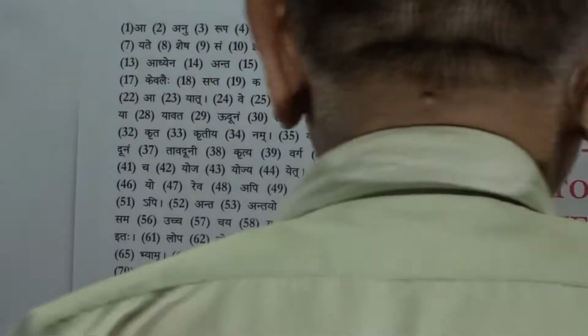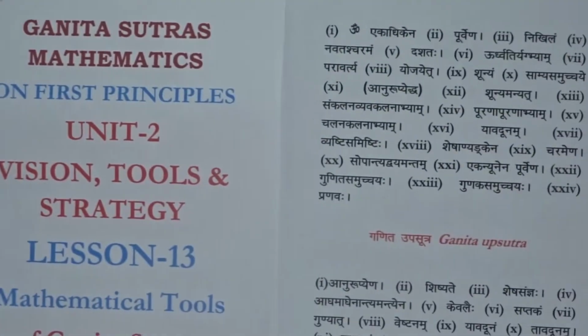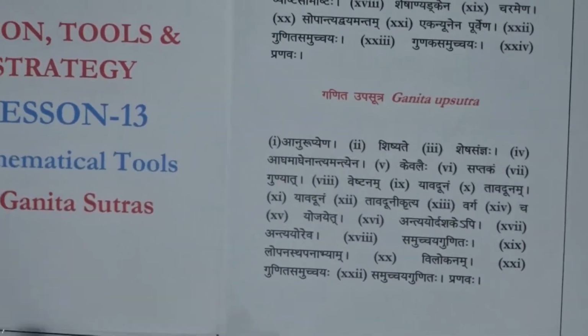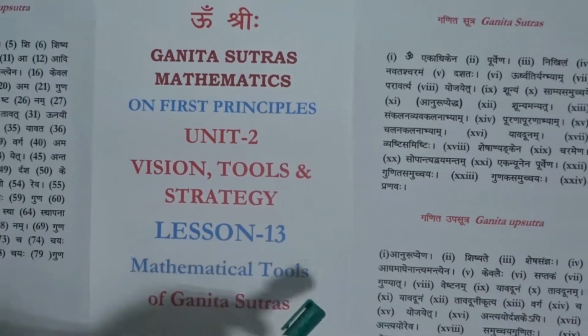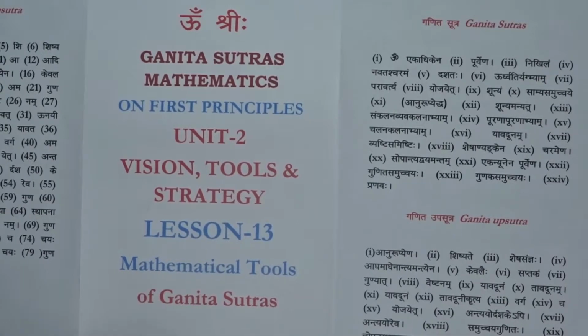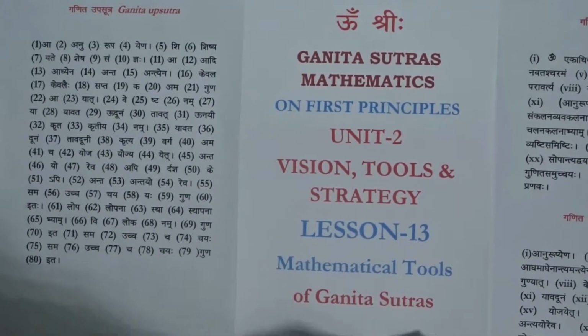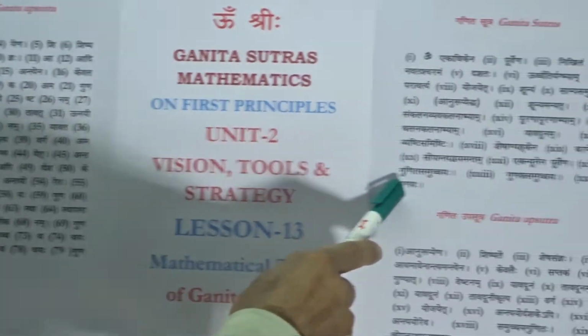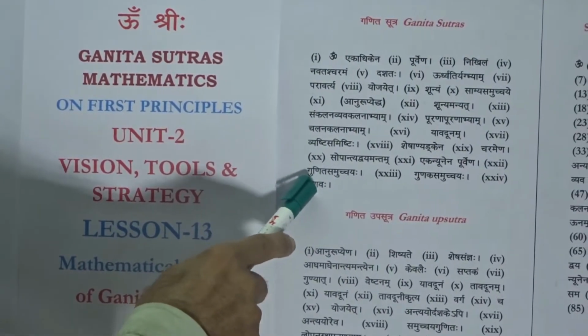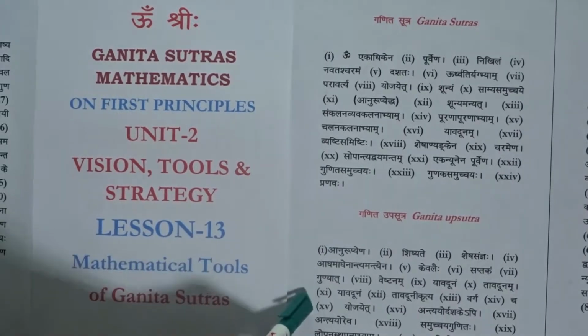This way, the text of Ganita Sutras and Sutras is a composition which avails 36 letters, and these 36 letters are availed to compose 24 formulations and 22 formulations.